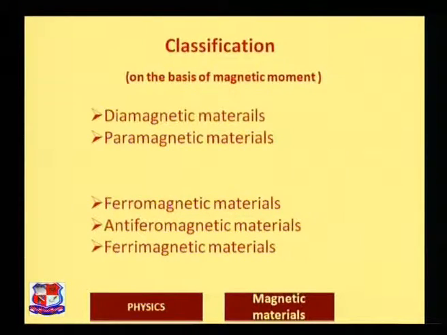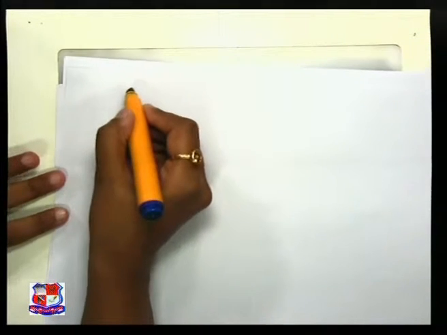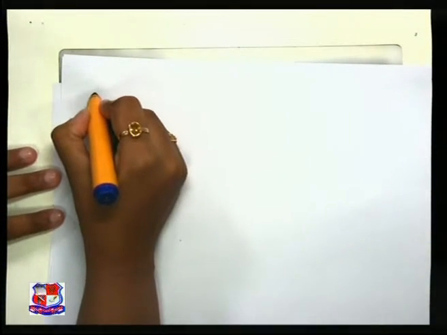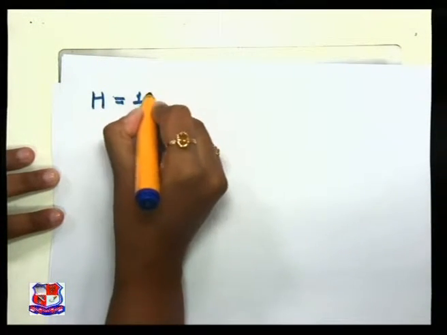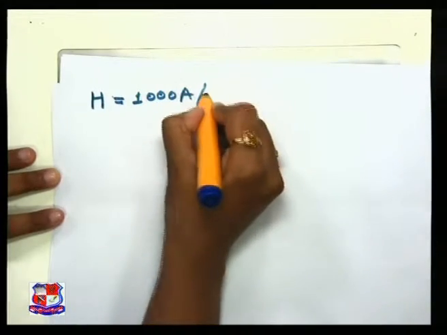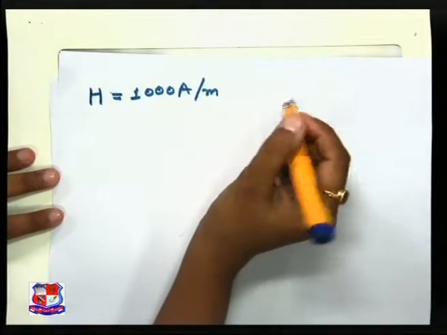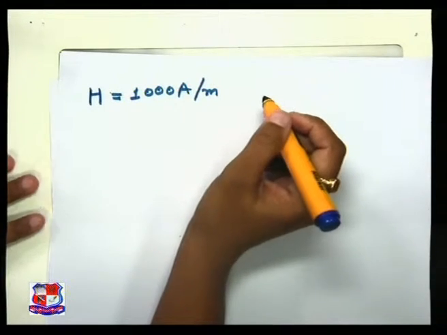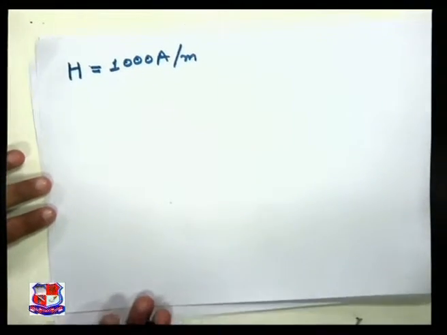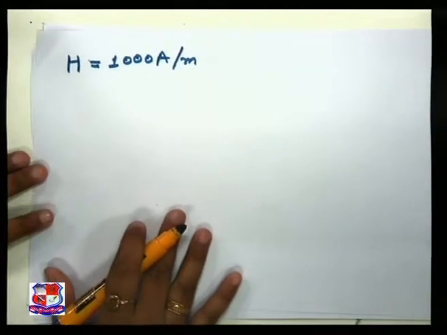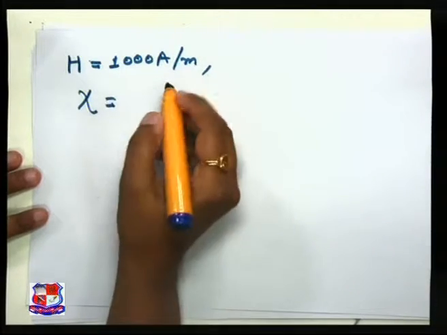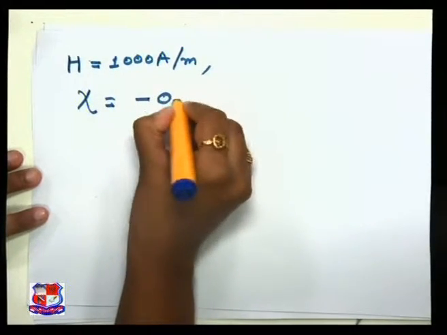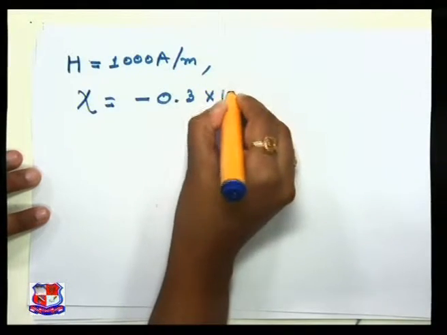We are given that the silicon material is subjected to a magnetic field of strength 1000 ampere per meter, and the magnetic susceptibility of silicon, chi of silicon, is given as minus 0.3 into 10 raised to minus 5.